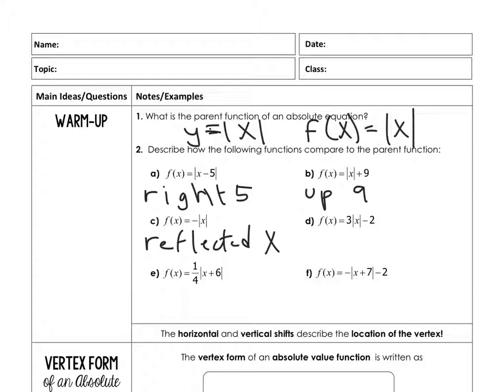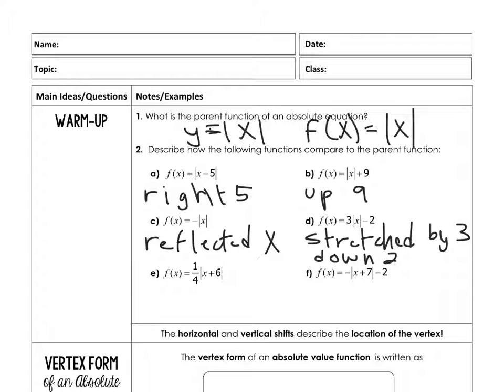On D, we notice that, oh my goodness, we have a multiplier of 3, which means that we've been stretched by 3, and you haven't learned about that yet in class, so that's something that you need to note. So it's been stretched by 3 along the y-axis, and then it's also gone down 2 on the y-axis because the output has changed by -2.